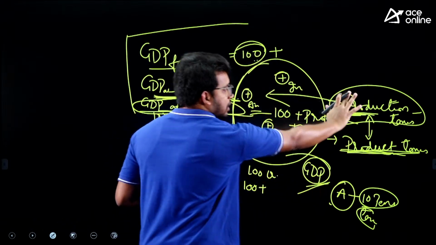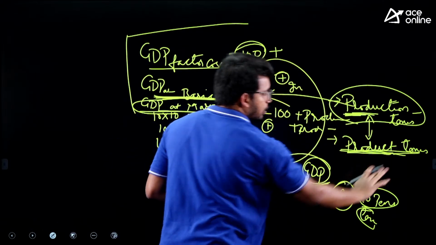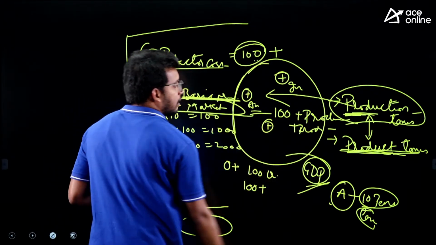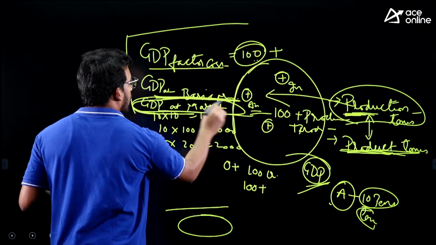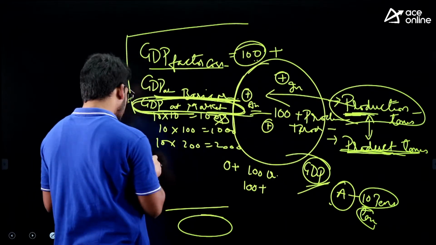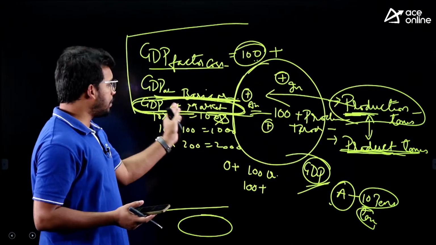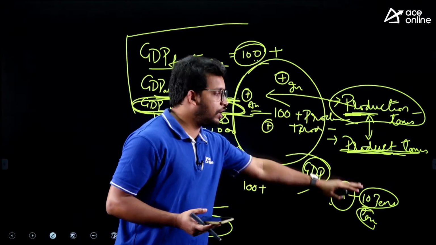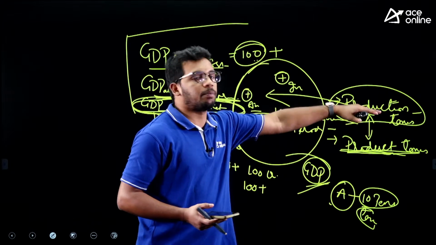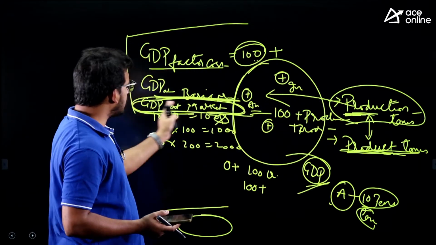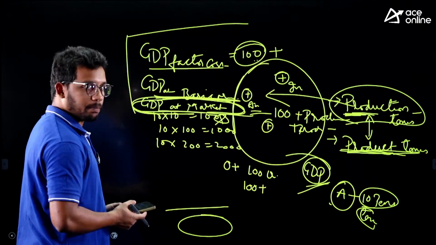So minus production subsidies, minus product subsidies. After removing the subsidies, it is called GDP at market price. This is the most important calculation we do. GDP at market price includes all the product taxes and production taxes, minus the subsidies given.